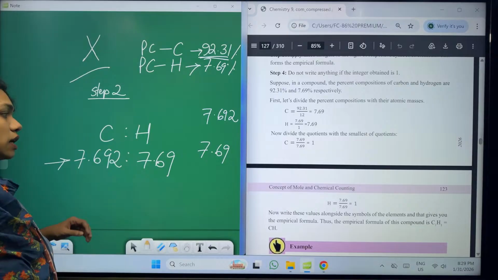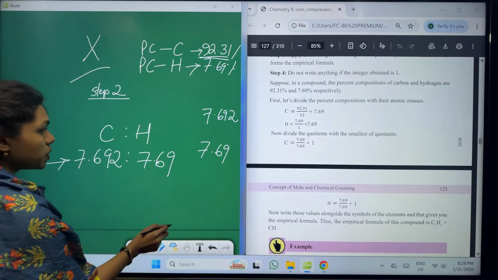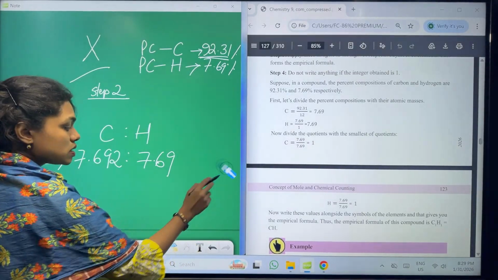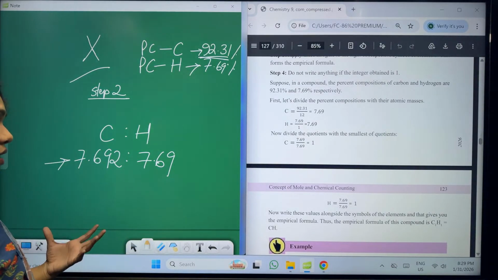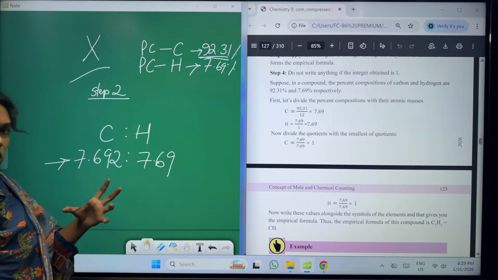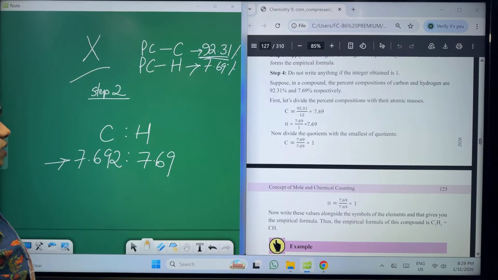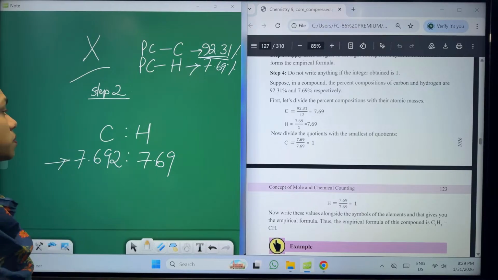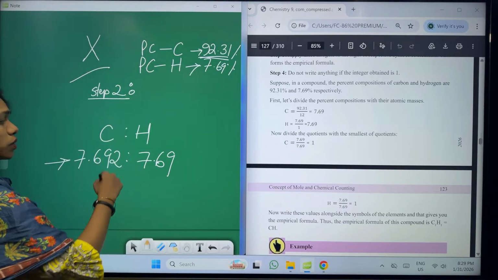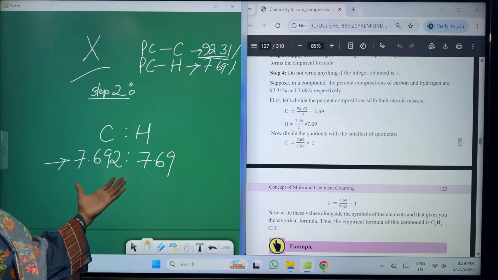Why we do this is sort of a back calculation to understand the simplest ratio at which carbon and hydrogen should bind. So we are going to make a ratio at step 2, and try to convert this ratio into whole numbers.